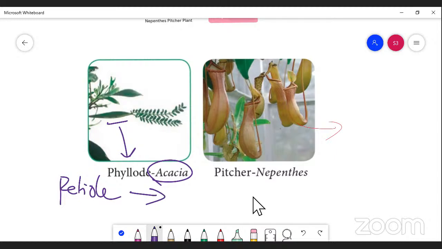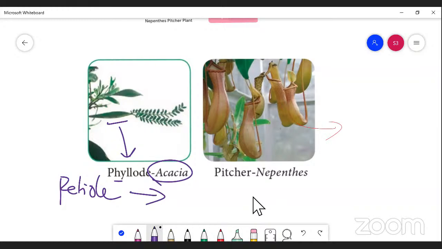This modified petiole is called a phyllode. The phyllode is very broad and flattened, modified from the leaf petiole, and it also performs photosynthesis. The phyllode is present in acacia, one of the plants.